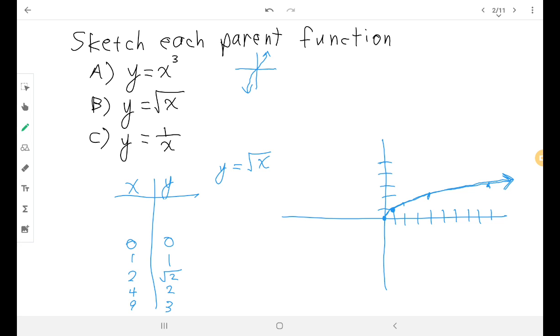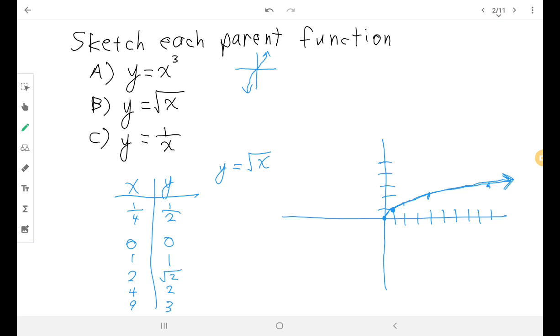So what could I do instead? I could look at like 1, or not negative 1/4, sorry, 1/4. And the square root of 1/4, it turns out, is 1/2, so you sort of see that in there.